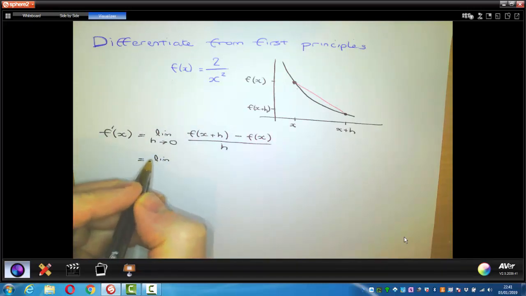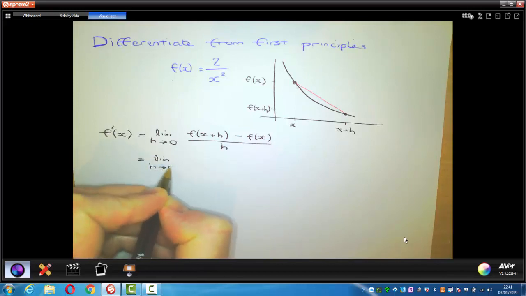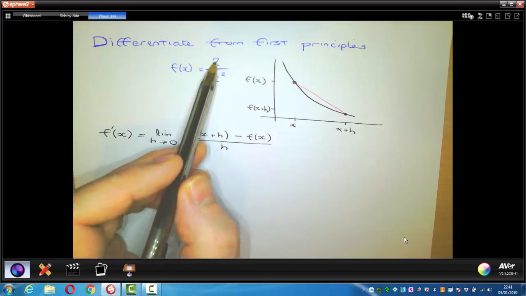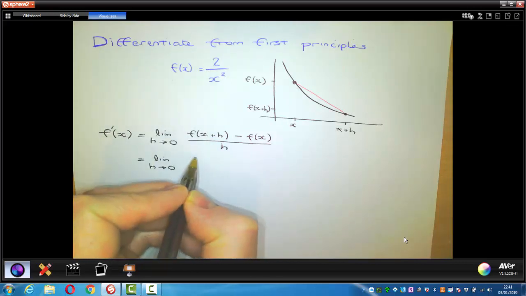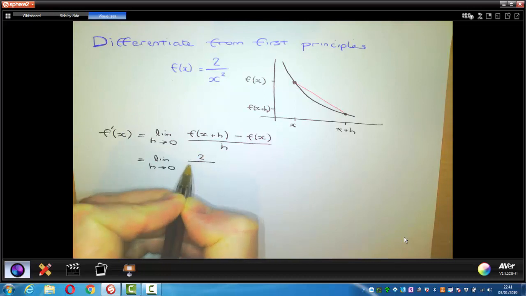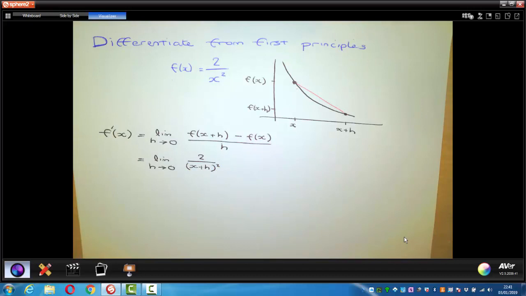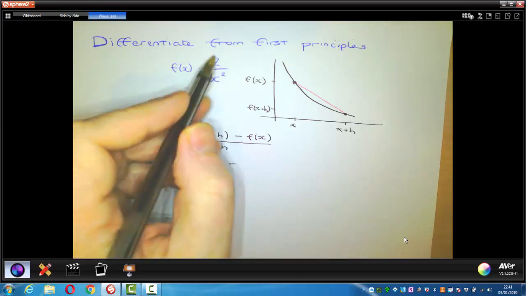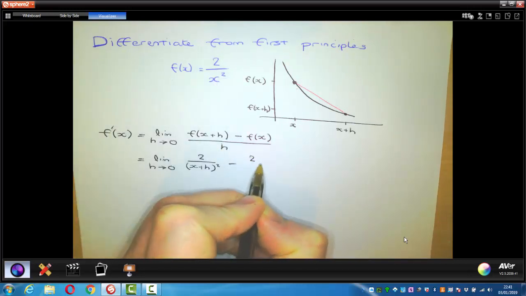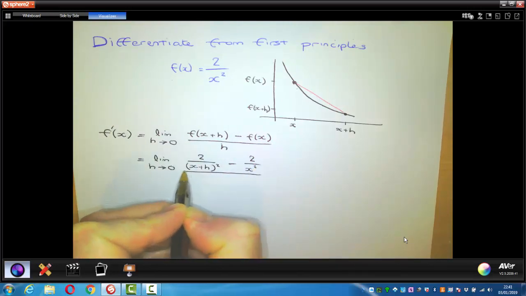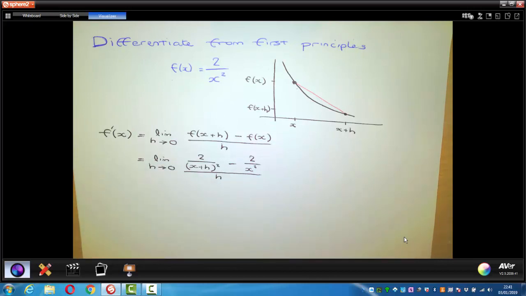The limit, as h tends to 0, f of x plus h, 2 over the square of the input, 2 over x plus h, all squared, minus f of x, 2 over x squared, all divided by h.